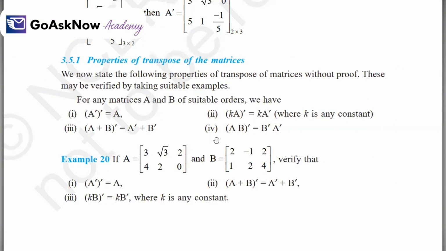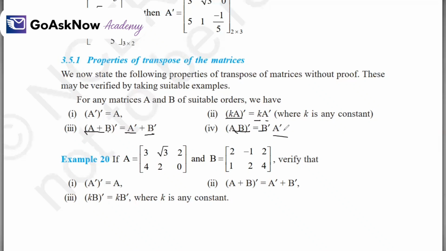The first property is (A dash) dash is equal to A. So if you take the transpose of A and then take the transpose again, it will come equal to A only. Second property: (kA) dash is equal to k A dash, where k is a constant. Third: (A plus B) dash equal to A dash plus B dash. Fourth: (AB) dash equal to B dash A dash.